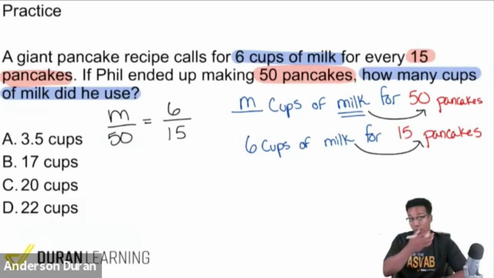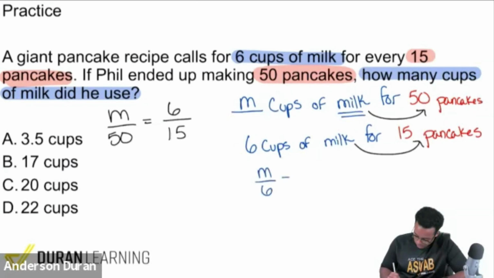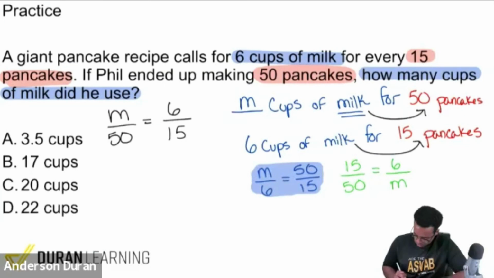Here's another setup that you could have done. You could have said M over 6 equals 50 over 15. That's another way. Another way you could have done it could have been 15 over 50 equals 6 over M.